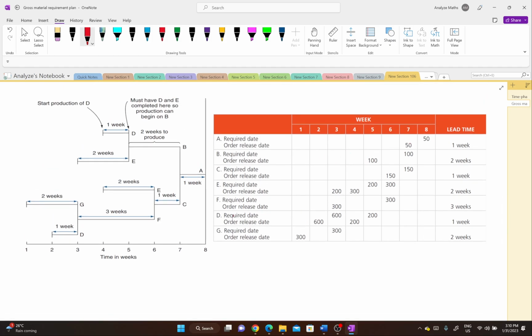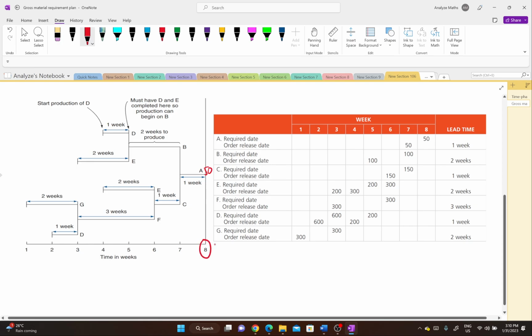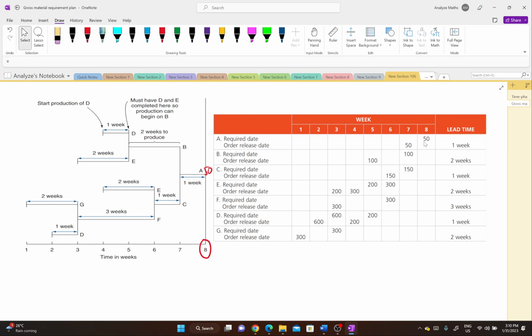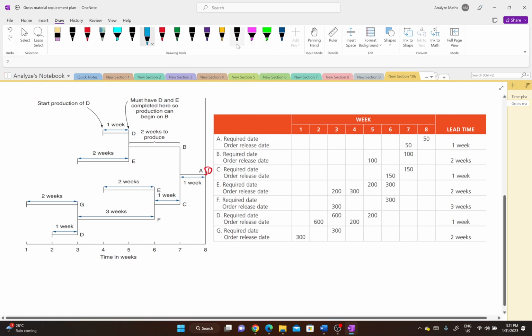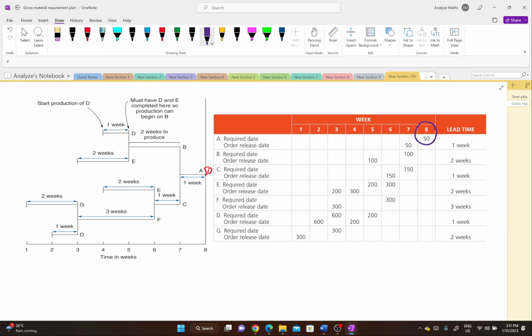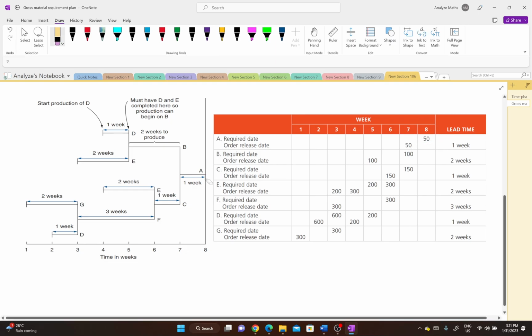So at this point here, for A, you need 50 at the end of week 8. Let me use a different color. End of week 8 here, you need 50, so I'm going to put a 50 here.